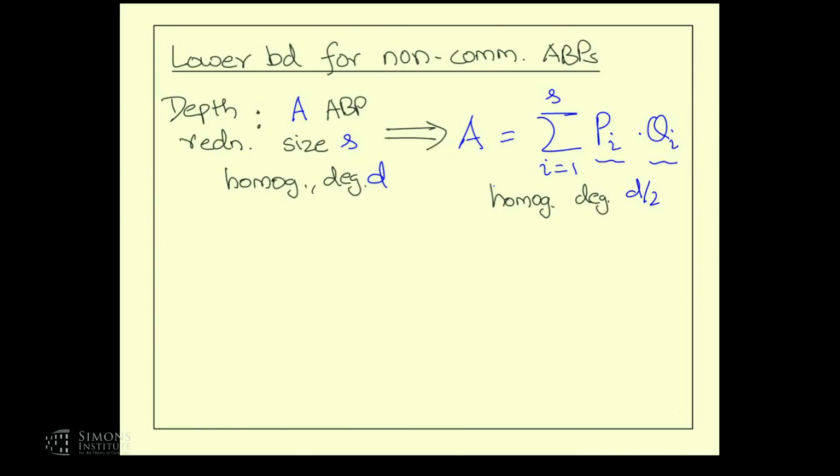This homogeneous basic identity is enough for me to prove lower bounds. The way we're going to prove them is by coming up with an explicit polynomial for which any decomposition of this form must have large size, and that immediately implies the lower bound.